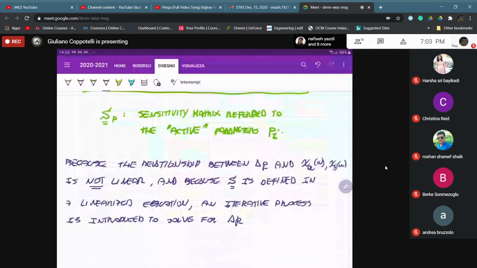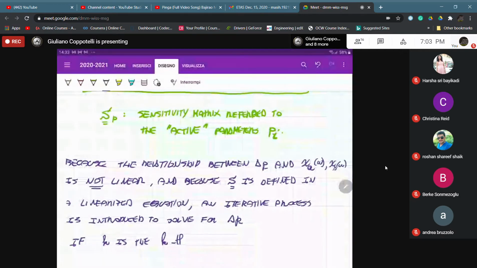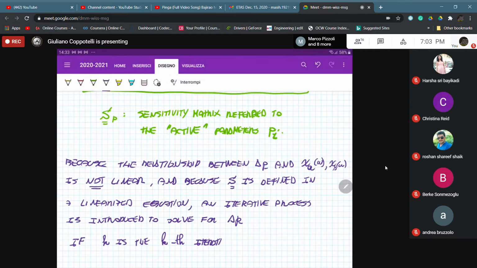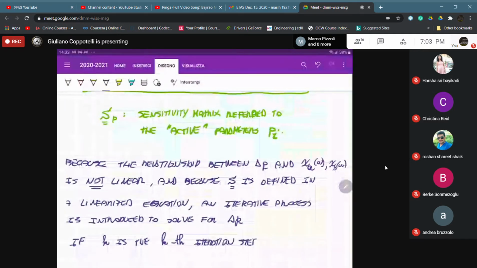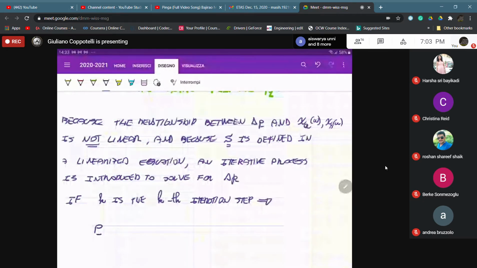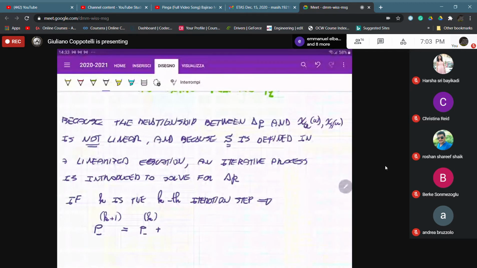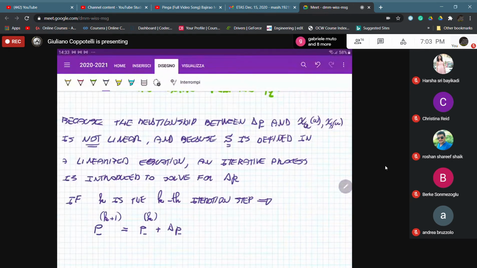Okay, so if k is the kth iteration step, then the vector of design parameters at the next iteration step is equal to the value of your design parameters at the current iteration step k plus the change of the design parameters that you got here.